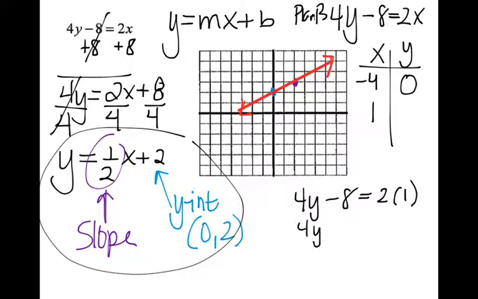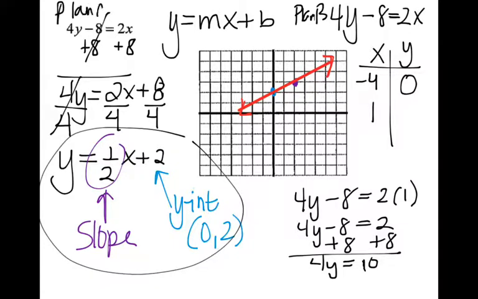Now the reason I told you it might be easier to choose your y's is because now you have a 2-step equation to solve. And to be quite honest, if you're down to solve a 2-step equation, you might as well have done plan A over here. Because all plan A is solving a 2-step equation. And life is a million times easier once you get y equals 1/2 x plus 2.